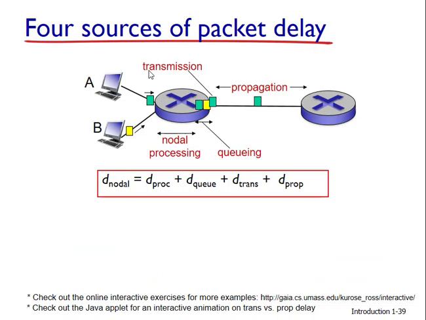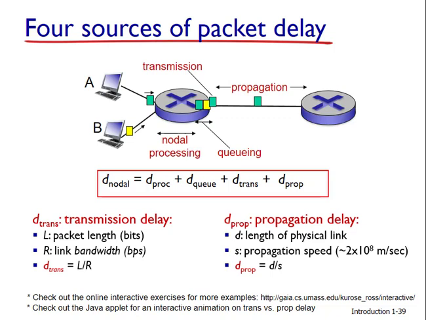The time it takes to push the packet from the queue or buffer onto the link is referred to as transmission time. This time is calculated as the number of bits in a packet divided by the rate at which they can be transmitted.